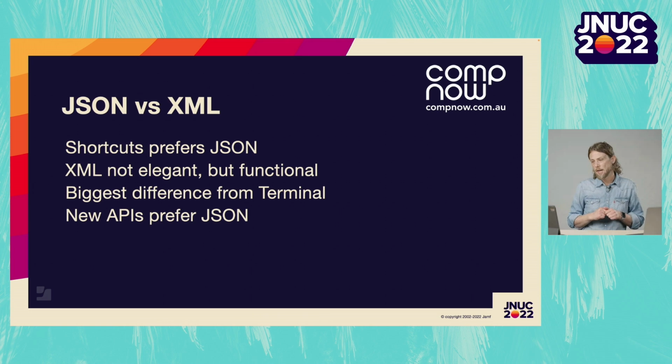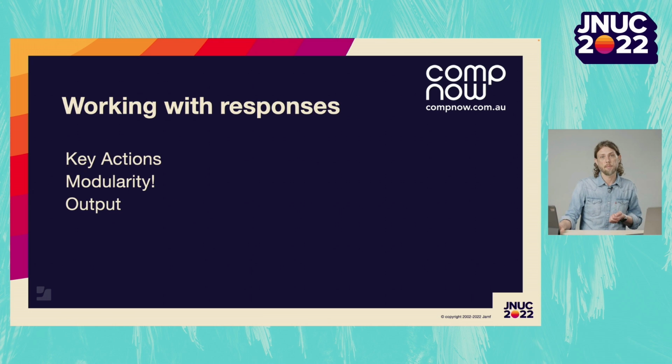So it is the biggest difference from terminal commands that you can actually use JSON here. And as I was saying before, this is definitely the case with the new Jamf Pro API, but newer ones seem to be moving towards JSON generally. So it's just another way that Shortcuts is pretty well set up to work with APIs.